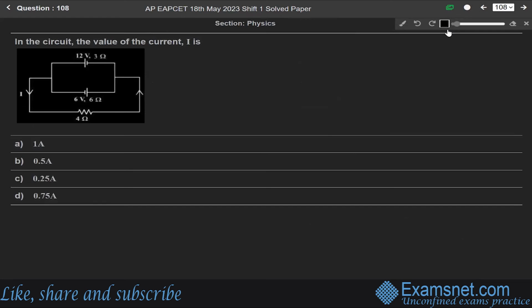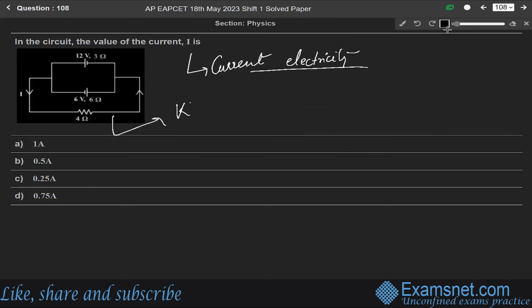Now next question. In the circuit, the value of the current I is, okay. So this question is again from the chapter of current electricity. We will solve this question using Kirchhoff's voltage law, KVL loop. So let us draw it again.